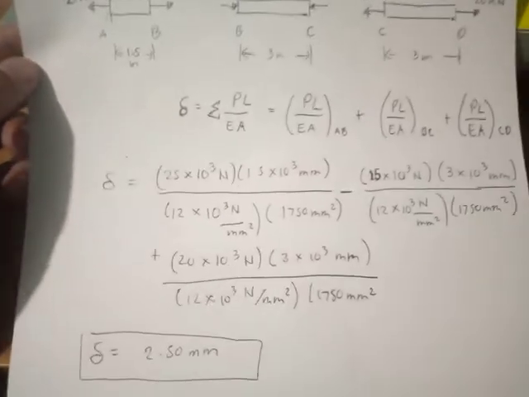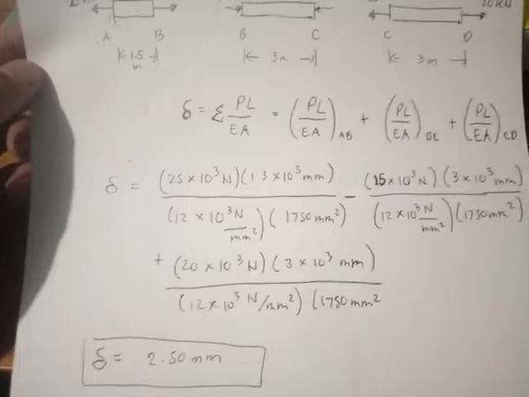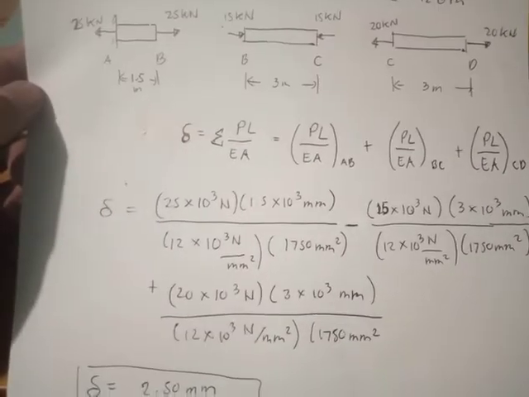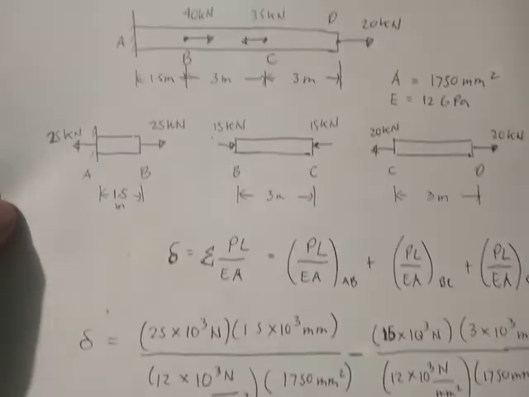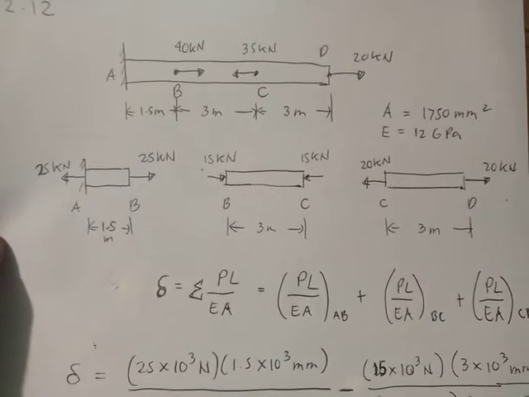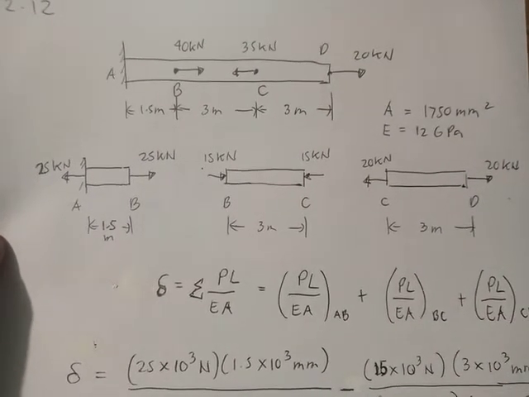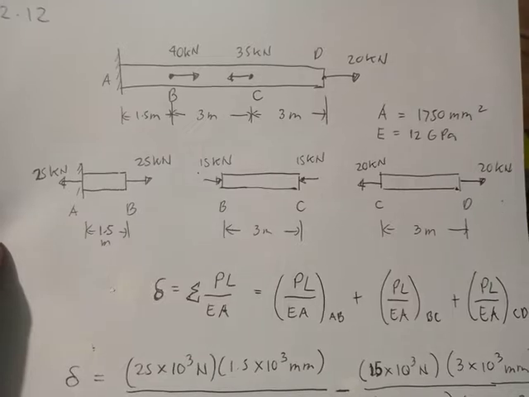So we apply all the forces respectively. PL over EA, one by one. Take note of the lengths, 3 meters and 3 meters, both 3 meters for BC and CD.